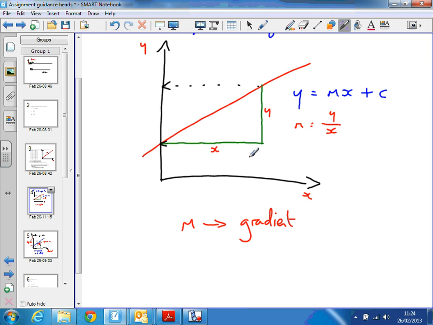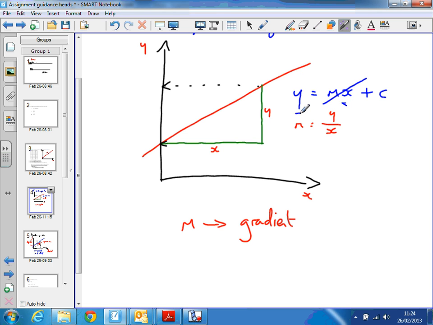Anybody tell me what c represents? Sorry? It's a constant? Yeah, but we can get it from the graph. Can you tell? Where it cuts. Yeah, it's where it cuts the y-axis. Exactly right. Okay? If x was 0, then if you think about it, m, the gradient, times 0 would be 0.